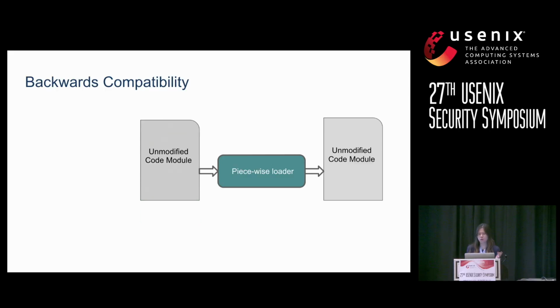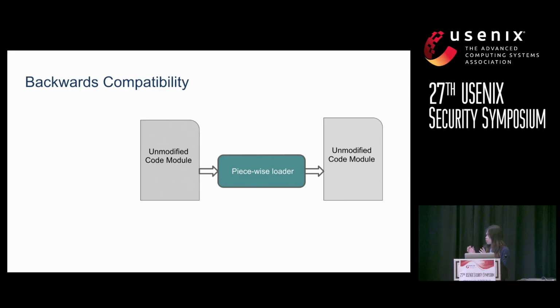What happens if you have the piecewise loader trying to load a code module that is not compiled by the piecewise compiler? Then it would just detect that there's no existing dependency graph in this code module, and then just go ahead and perform the normal functionality of the unmodified code loader.